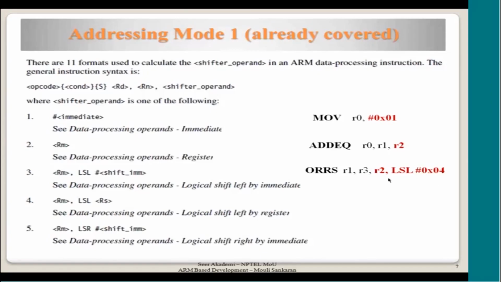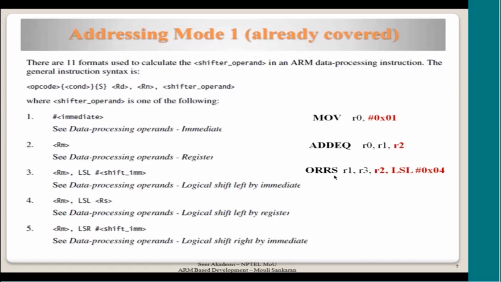We are trying to do a logical shift left by 4 bits, and then after the logical shift left of the value in R2, we are doing a Boolean OR operation with the contents in R3, and then the result is written into R1.